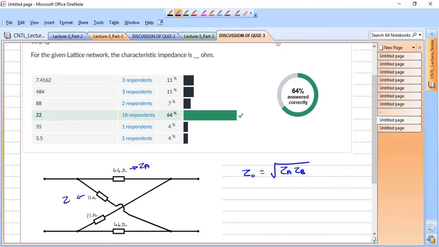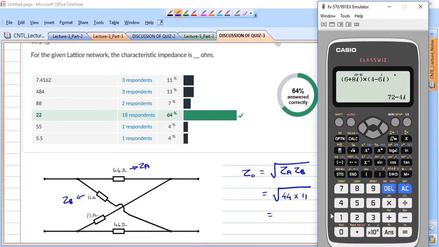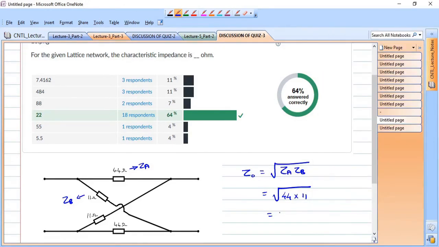So this will be equal to square root of 44 into 11, that is equal to 22. So that's the correct answer.